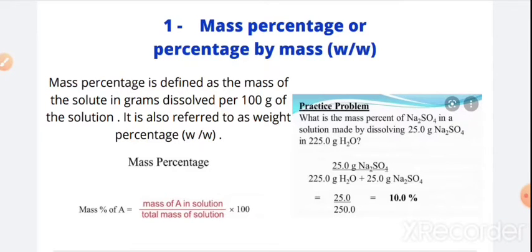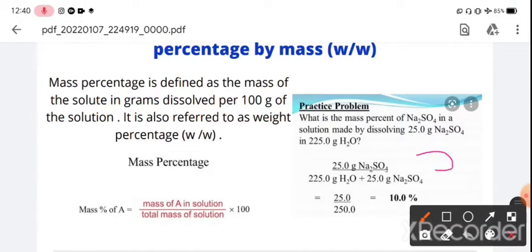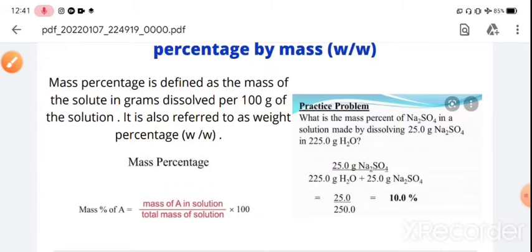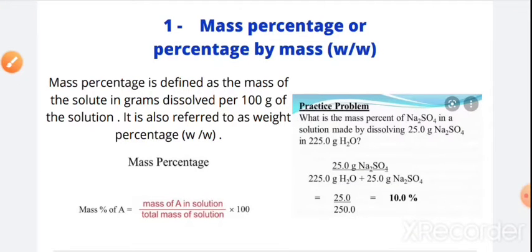To calculate the solution, we have to add both quantities, right? The weight of Na2SO4 is 25 gram, and the weight of solution is 225 gram of water plus 25 gram of Na2SO4. The result will be 10%. It's easy. I hope you understand this concept.